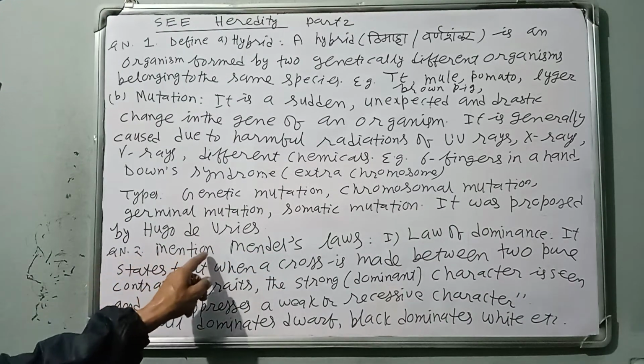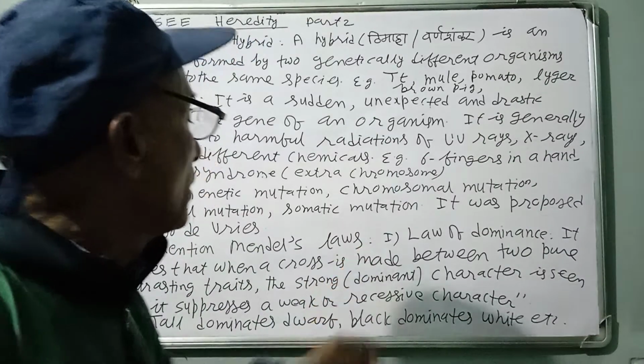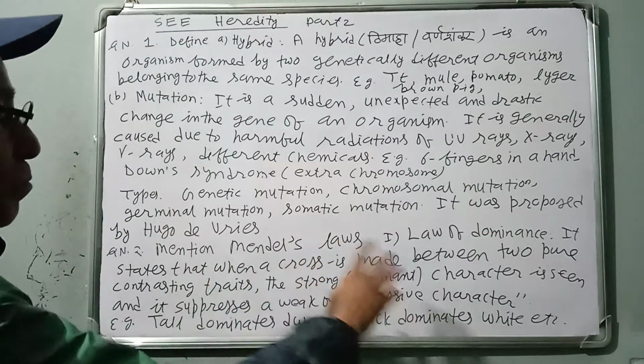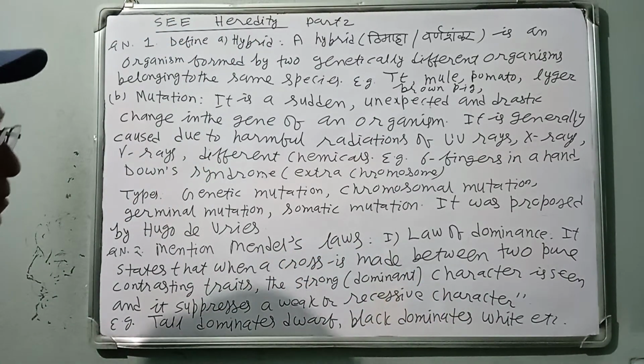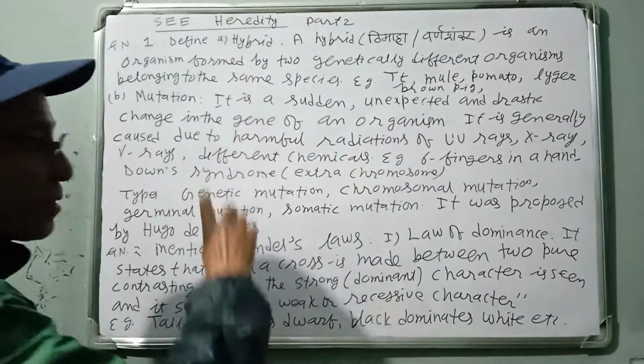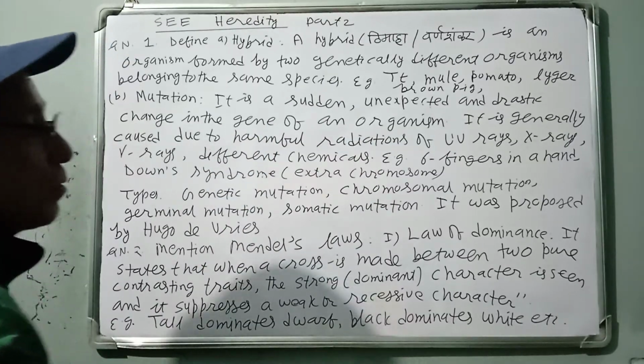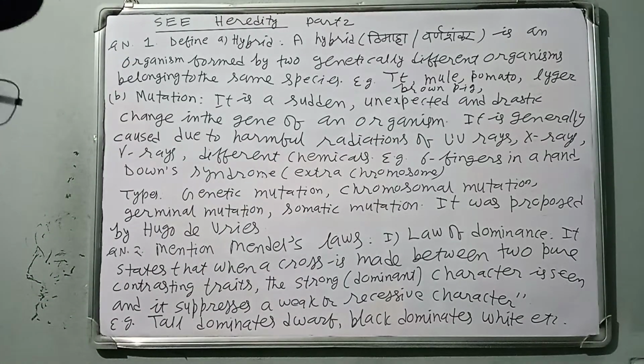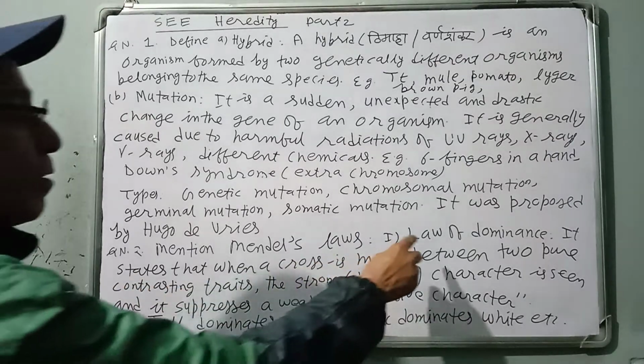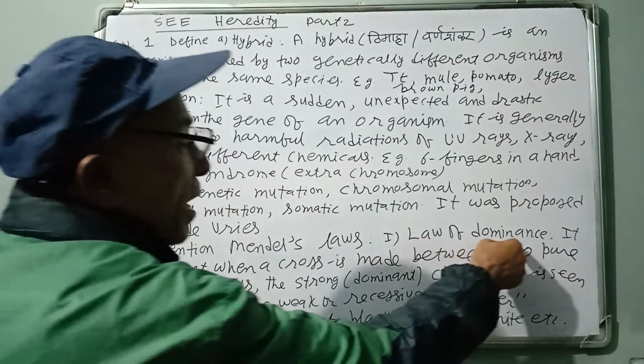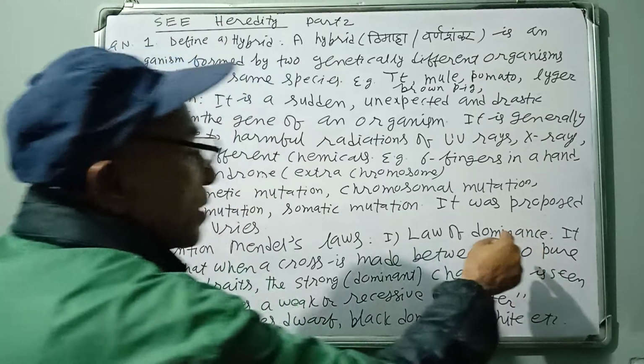Question number 2. Mention Mendel's laws. He did many experiments on peas and he found 3 laws: law of dominance, law of segregation, and law of independent assortment. First law, law of dominance.